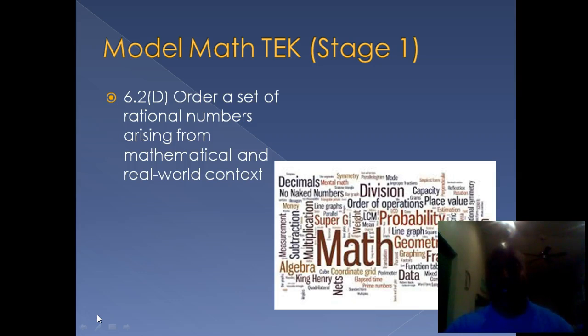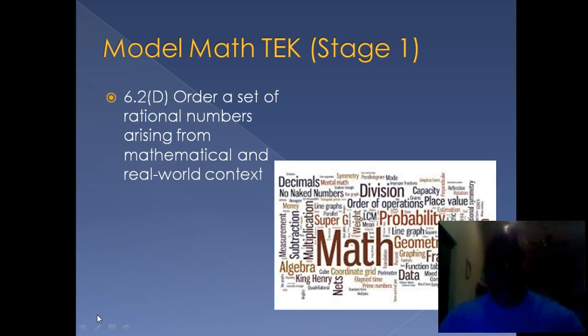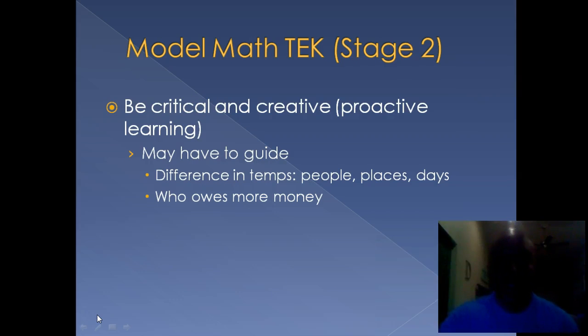I guess this would be stage one in our backwards design. This is what the students must perform. This is what the students must be able to do, obviously, to be successful on the STAR test. Stage two.